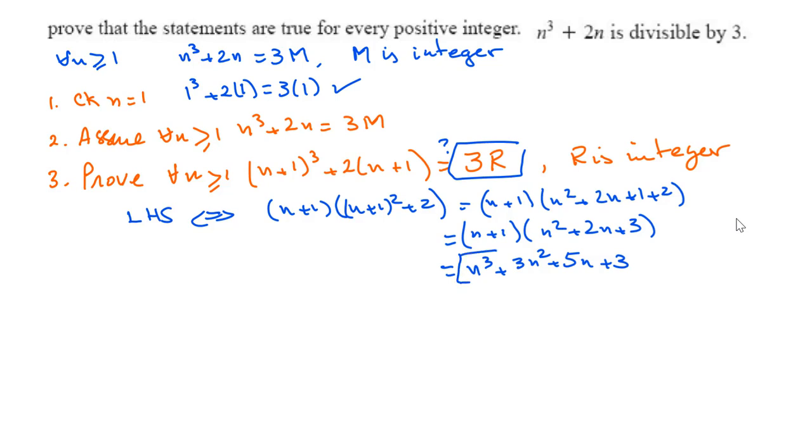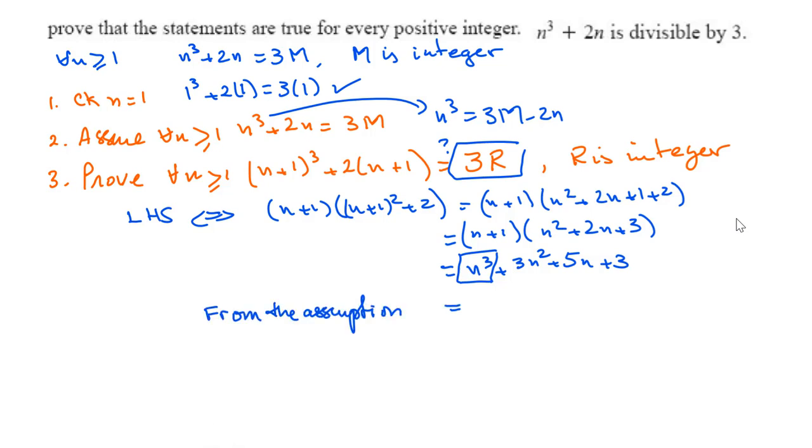So if I replace n to the third with 3m minus 2n from the assumption, we have 3m minus 2n plus 3n squared plus 5n plus 3.